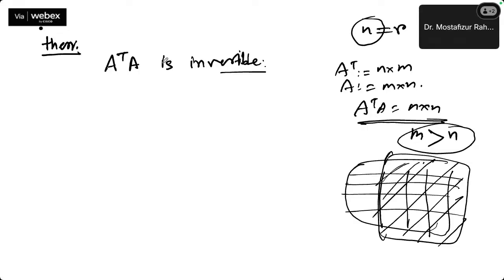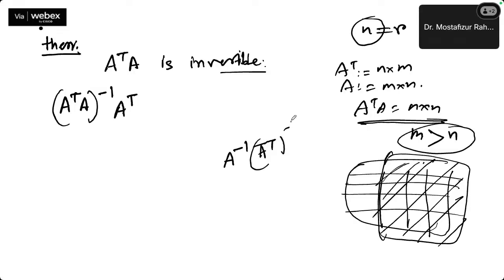So then what we do, A transpose A whole inverse A transpose. This is not the right way to write it, but just to understand, it is like A inverse times A transpose inverse, times A transpose, right? This part cancels out to identity. So this is roughly A inverse.